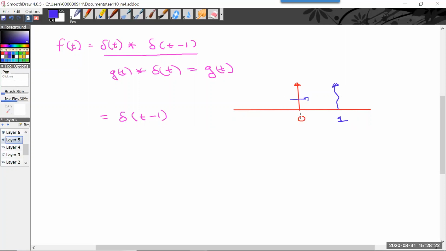And so when we had a delta function at 0, and we're moving this other function through the delta function, there's no delay to it. So it just comes out delta t. But in order for this delta function to actually overlap, it takes 1 second.